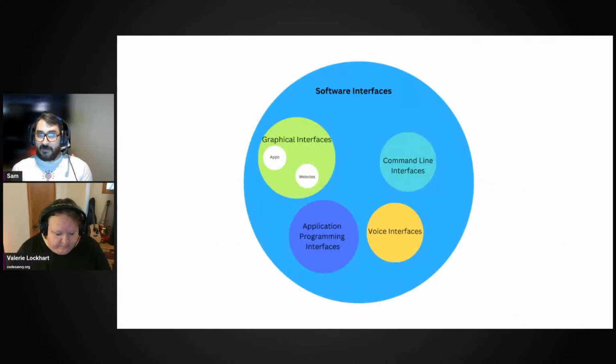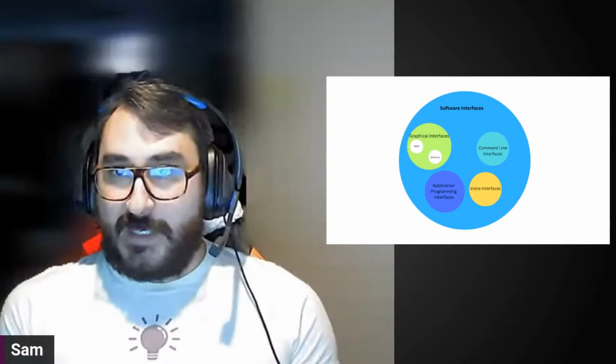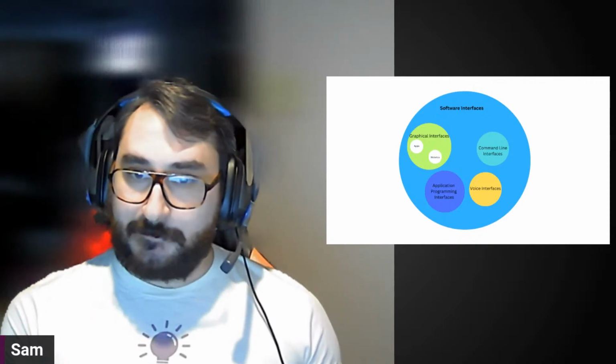I have a graphic here just sort of demonstrating that all of these different types of interfaces expose certain parts of software to different users, and they all kind of fall under this software interface umbrella, but they're sort of distinguished by who is using it or what is using the interface and how they're interacting with the software. So just keep in mind, an interface is the sort of publicly available part of code that someone has written.